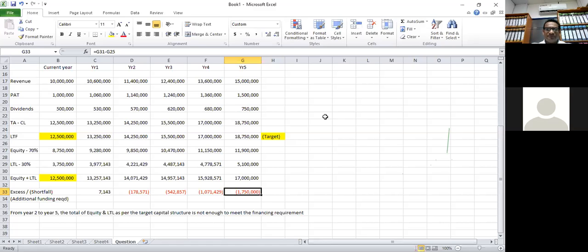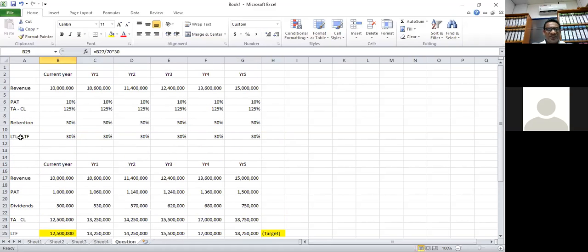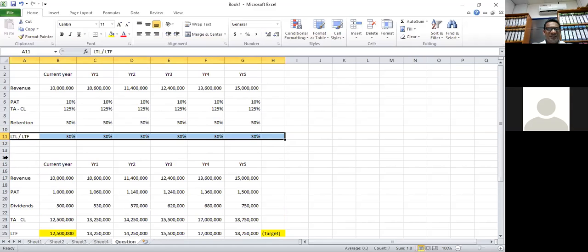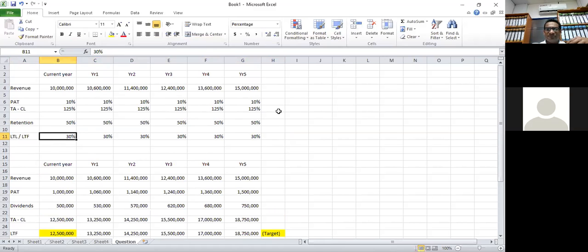How to get LTL? You mean this 30%? The assumptions clearly say long-term liabilities out of long-term funds 30%, which means equity is 70%.